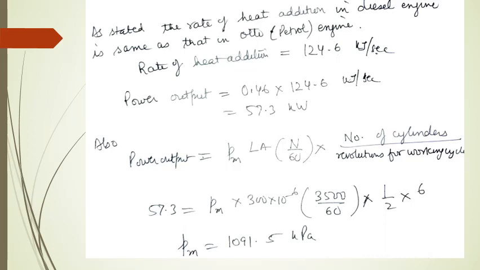With this, the power output for the diesel engine will come out to be 57.3 kilowatt. With this value of power output, we calculate the mean effective pressure by the expression: power output is equal to Pm into L into A into N upon 60 into number of cylinders divided by revolution for one working cycle. So the value of Pm is equal to 1091.5 kilopascal.